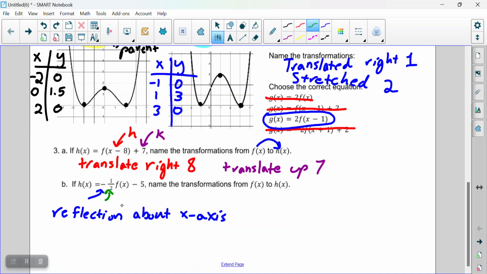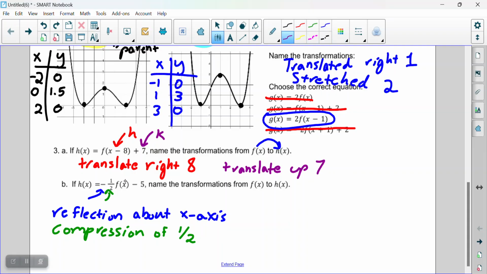It's also your A, but that's going to be a compression. It's going up half as fast. So it's like getting squished. Compression of 1/2, or vertical compression of 1/2.